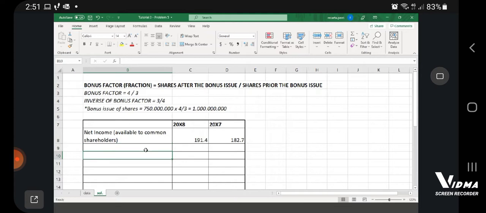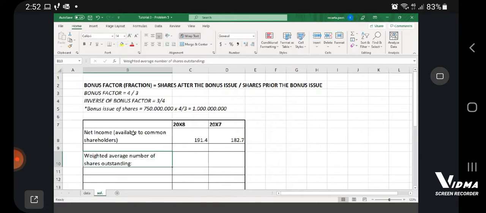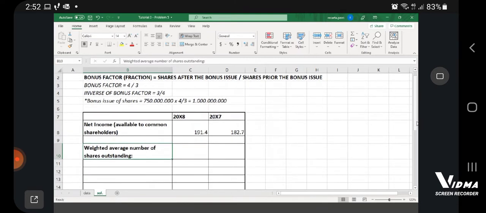The next item that I need to calculate is the weighted average number of shares outstanding. Okay, so remember what we do in the case of a bonus issue according to the requirements of IAS 33. Remember that we should take into account the bonus issue as if it was issued at the earliest period available.